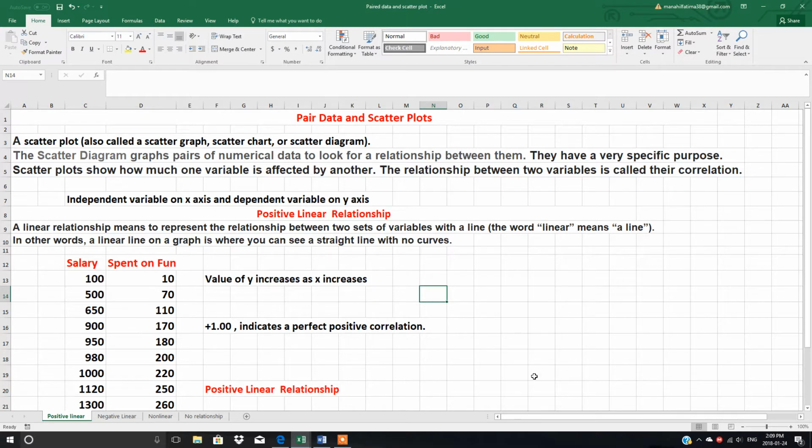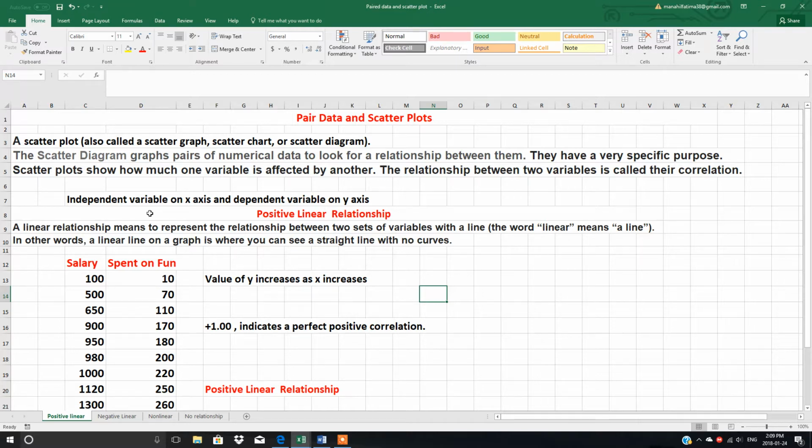Here I will show you the graph and what the relationship is between the x-axis and the y-axis. Scatter plots show how much one variable is affected by another, and the relationship between two variables is called their correlation. Correlation is the relation between the two variables.